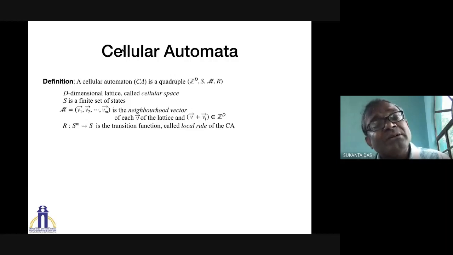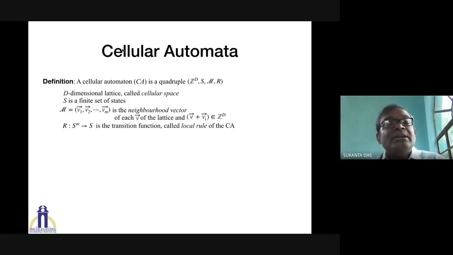So how can I get the states of its neighbors? For that, I should know the neighbors. I can know the neighbors using the neighborhood vector. Suppose v is my cell. Then vector v plus vector vi, where i is any one to m, by adding that one, I can get the neighbors of v.